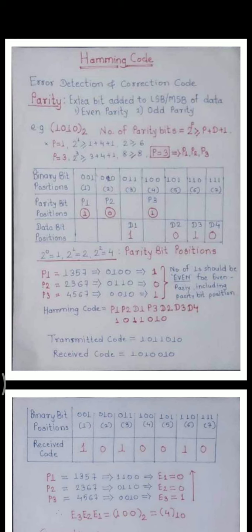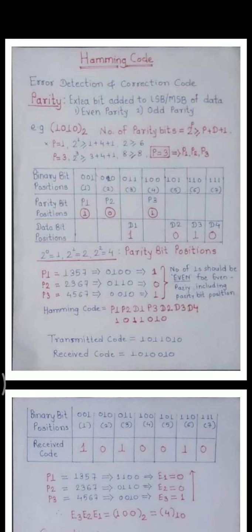1, 2 and 4 are the parity bit positions in the given table for Hamming code, the binary bit positions being from 1 to 7. Okay, then data bits are placed in the remaining bit positions.